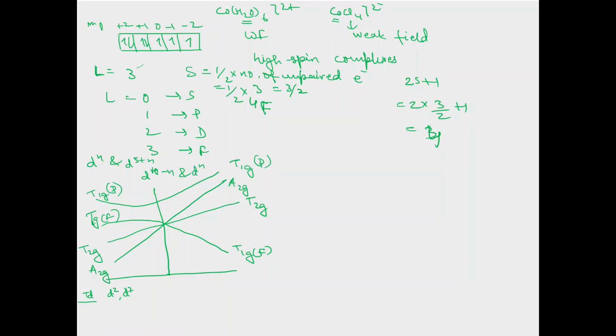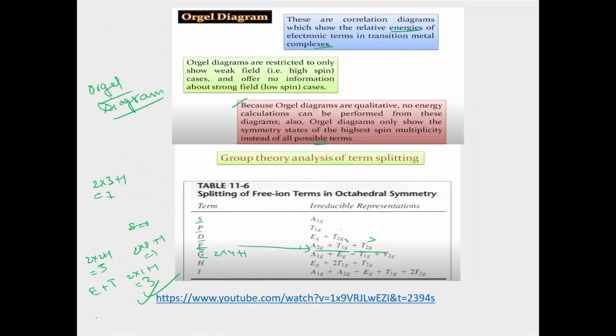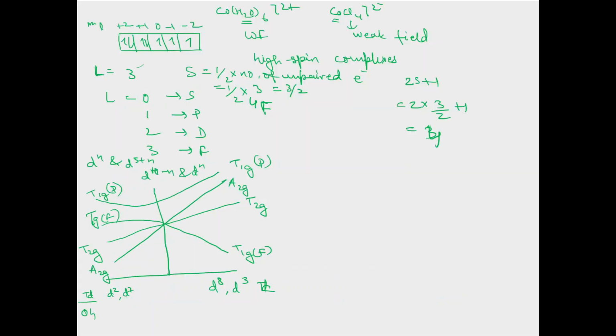So if this side is for d2 and d7 tetrahedral, then the other is for d8 and d3 tetrahedral. Okay, for d3 and d8 tetrahedral we will get this, and for octahedral it is just the reverse. Just the reverse means we can remember it like that. So it's d3 and d8 octahedral, and these transitions we will get for d2 and d7 octahedral.